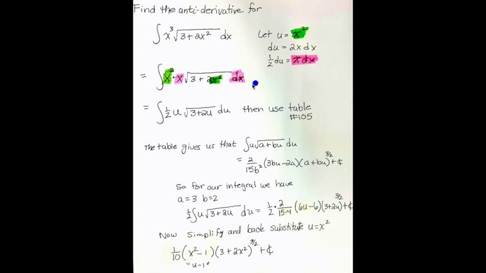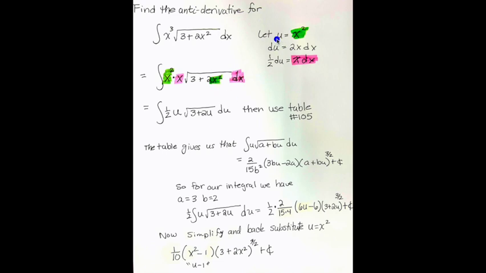And I color coded this so that for you visual learners, you can see where I'm replacing what. So this x dx that's in the pink, I'm replacing with 1/2 du. So the 1/2 goes here and the du goes over here. But now I'm still left with x squared and then an x squared under the square root.